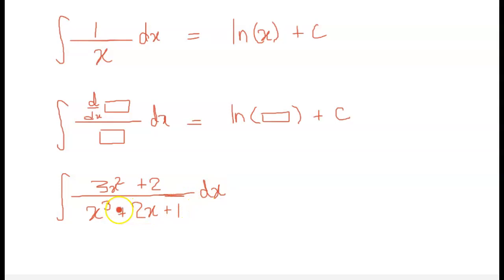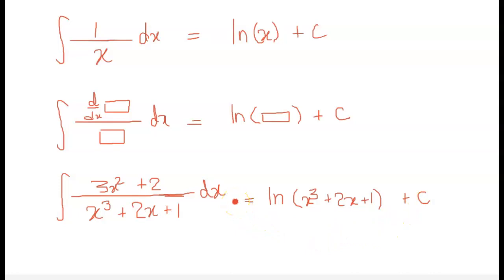If you have a look, the differential of the bottom is on the top, isn't it? So you can write that one as ln of x cubed plus 2x plus 1. Do not forget to add the c at the end.